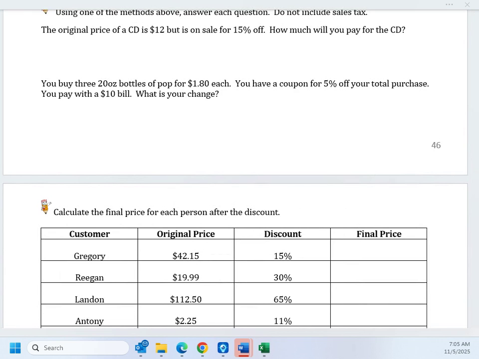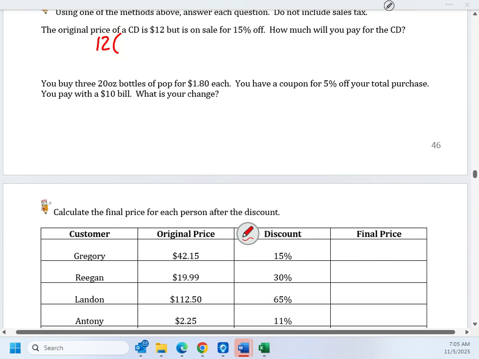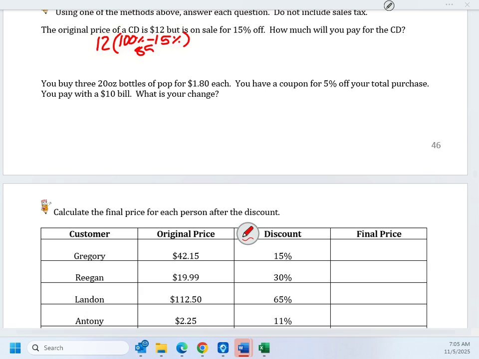The original price of a CD is $12, but is on sale for 15% off. How much will you pay for this CD? So you're going to do one way. If we were to do the new total directly, we'd have our 100% minus 15%, which is 85%.